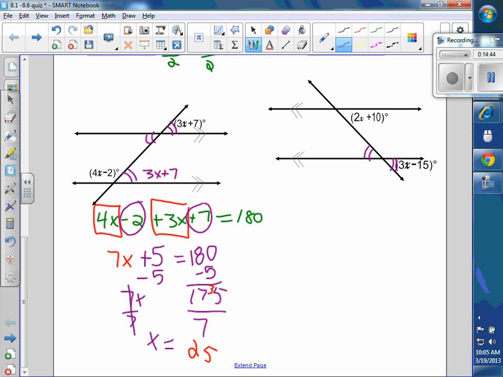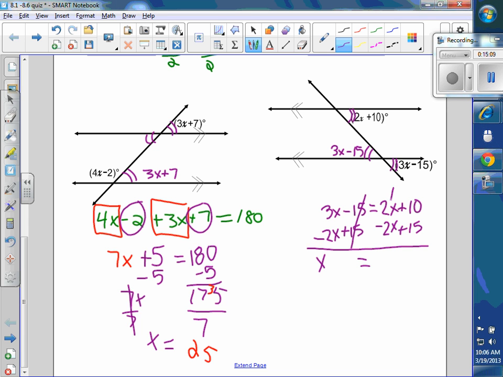And these are alternate interior, so they're equal. So they're the same. So I can set 3x minus 15 equals 2x. Yes. So subtract 2x and add 15. So you get 1x, cancel, cancel, 25. Ah, x is 25 on both of them. How about that?